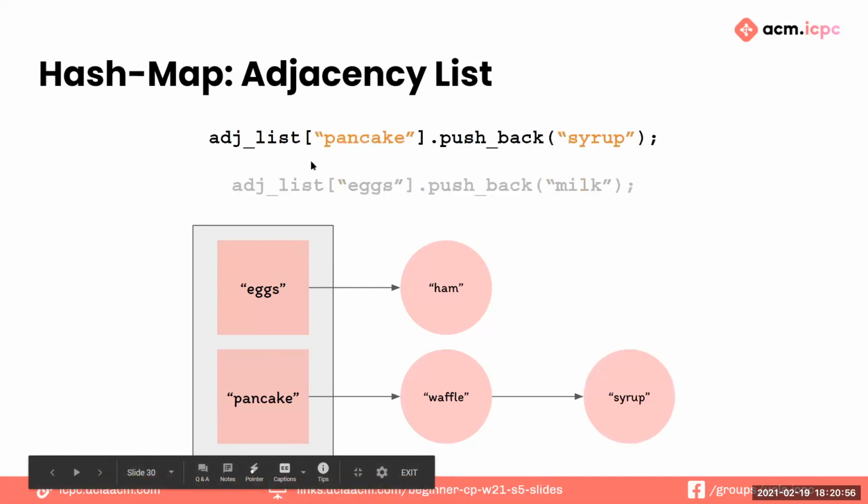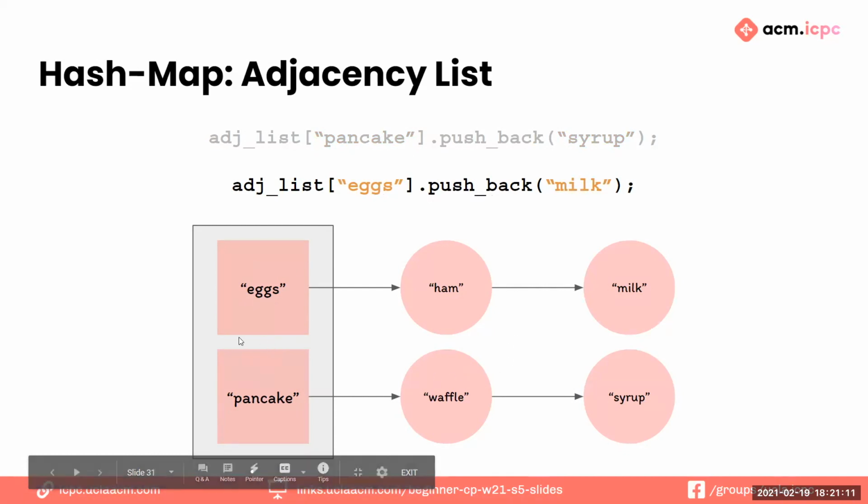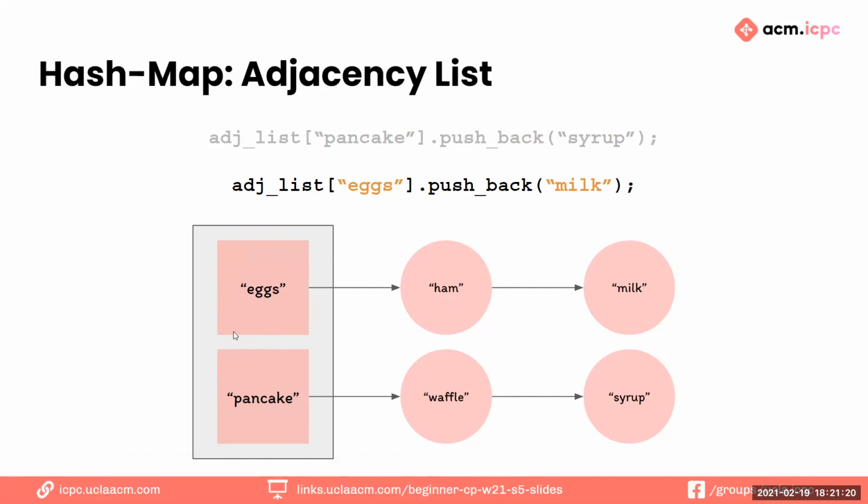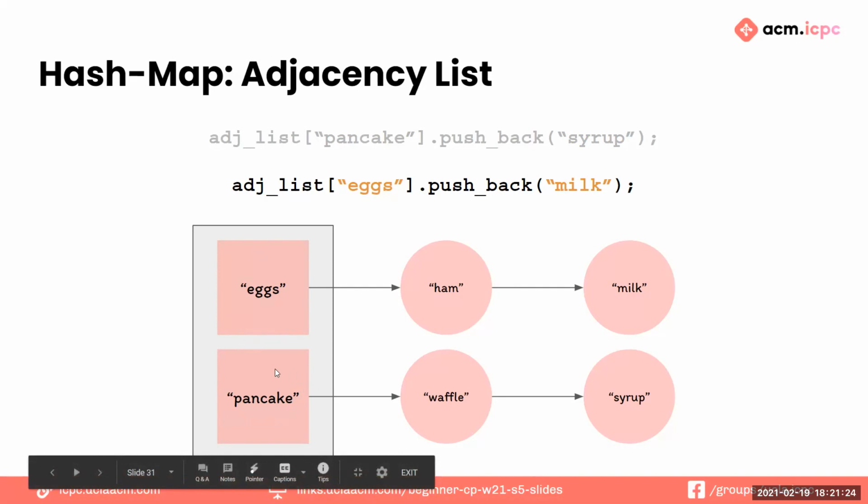And then I'm pushing syrup into pancake's adjacency list, and then pushing milk into eggs' adjacency list. So as you can see, we can generalize our adjacency list to not just be 0 through n or 1 through n. We can now actually name our vertices, which may be very helpful. This will be very helpful in the future.